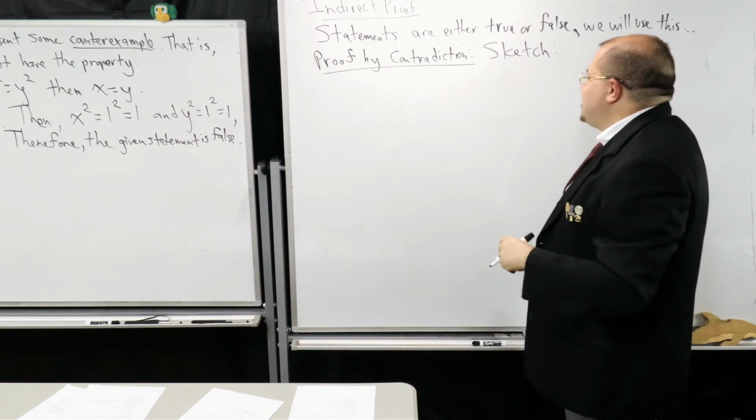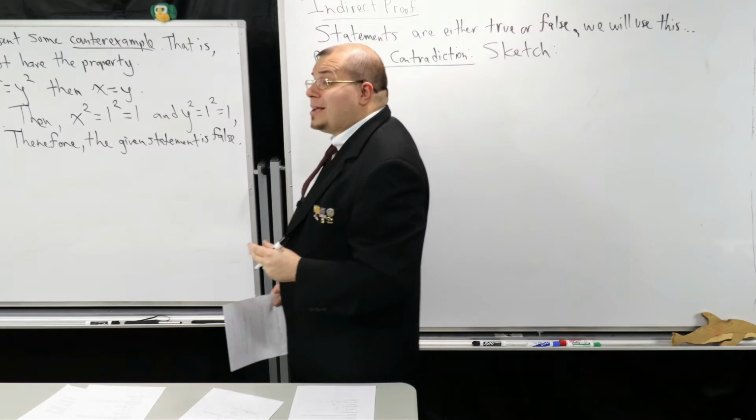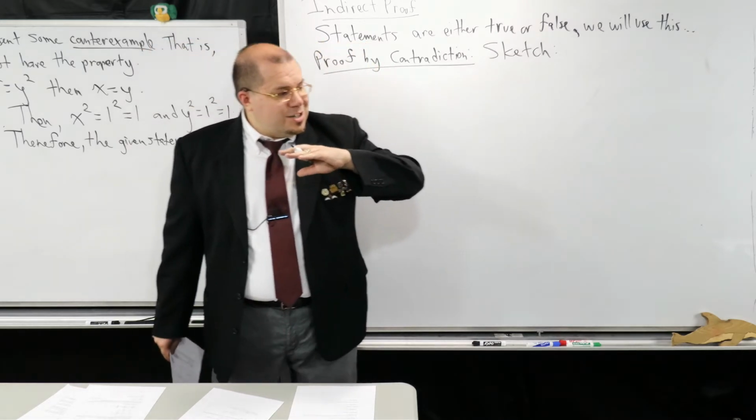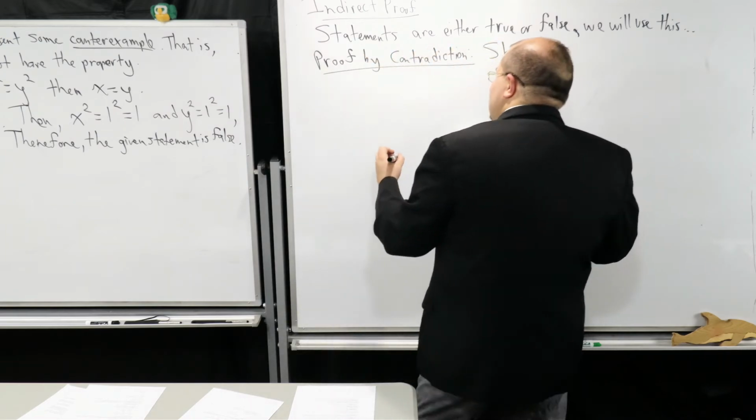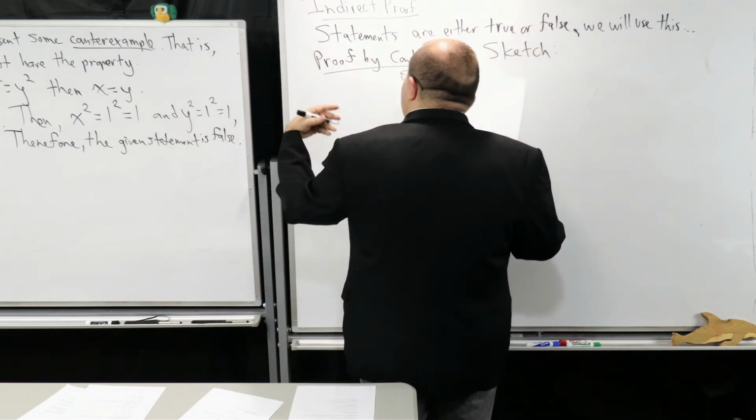Anyways, I'm not going to worry too much about the logic side of this. I just want to give you an idea of this. So a contradiction is definitely a statement that's always going to be false. That's the big idea here. So I'm going to be trying to derive a contradiction.